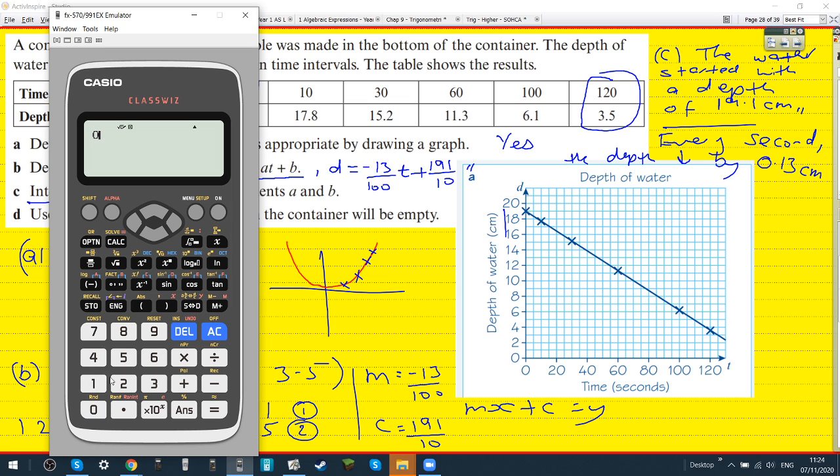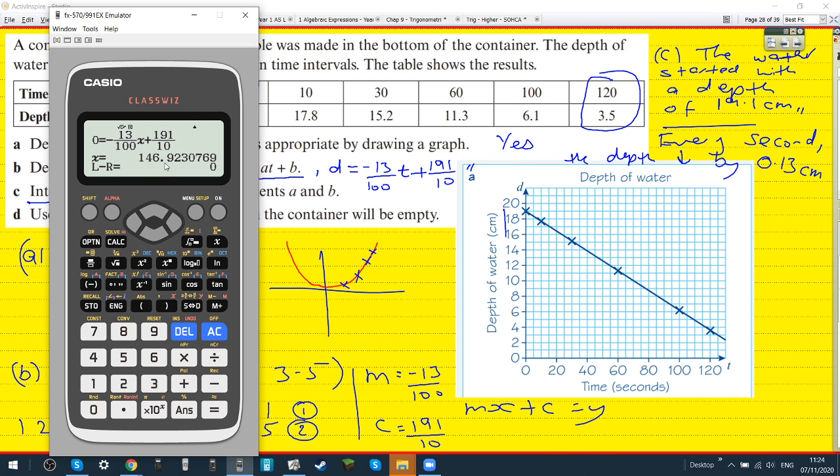And I can just do that right away. So I can just say the depth is 0. So 0 equals minus 13 over 100, I have to call it x, plus 191 over 10. And you could rearrange it to make it x equals or t equals.